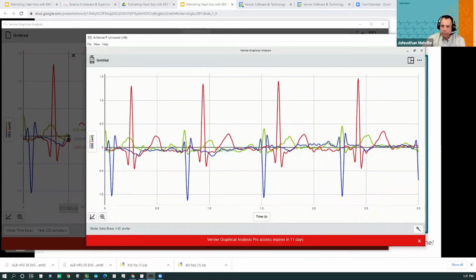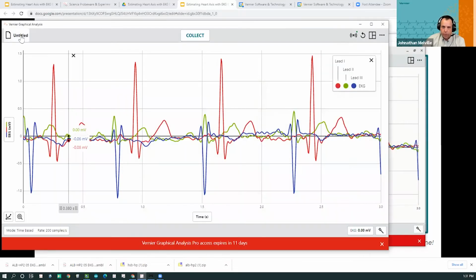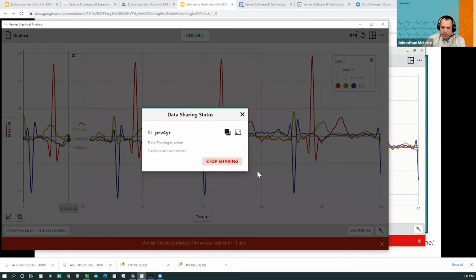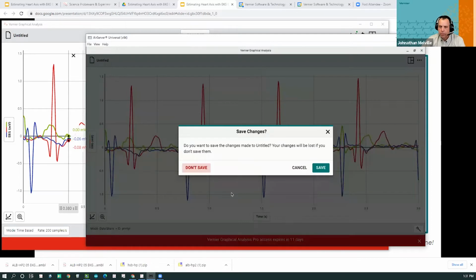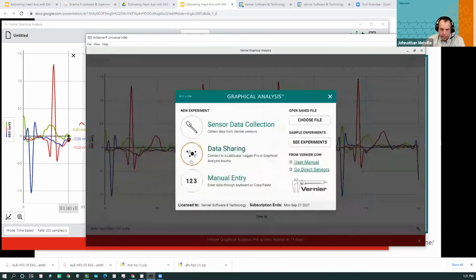The main thing is that if you're the instructor, you click up here on the TIE Fighter icon and begin a data sharing session. What the students have to do is when they launch graphical analysis, they want to pick data sharing instead of sensor data collection.